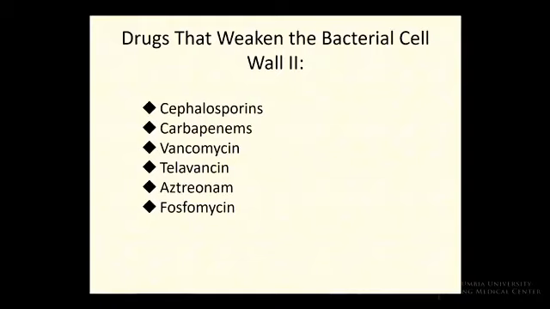Other drugs that weaken the cell wall. So we talked just about the penicillins, right? That was the first group that weaken the cell wall. That's all we've talked about are the penicillins and some of these penicillin combos. Other drugs that weaken the cell wall include the cephalosporins, carbapenems, vancomycin, telavancin, aztreonam, and fosfomycin.